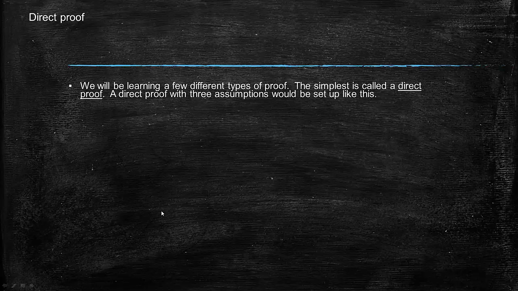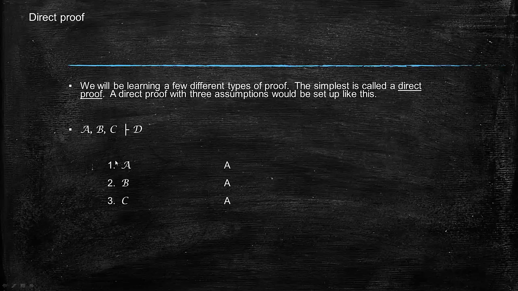So we're going to be learning first about the simplest form of proof, which we call direct proof. And here's what a direct proof would look like in an abstract way. So we're told that A, B, and C entail D, all of which are just stand-ins for any proposition whatsoever.